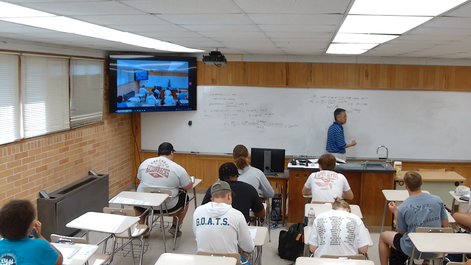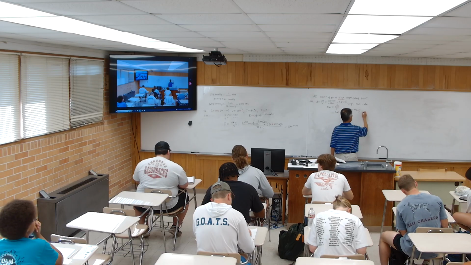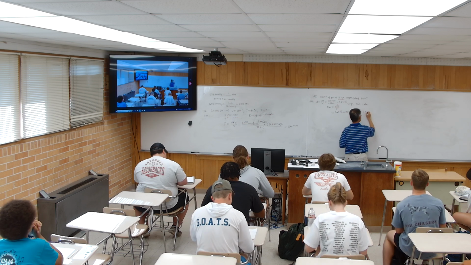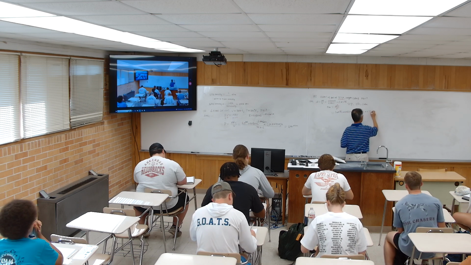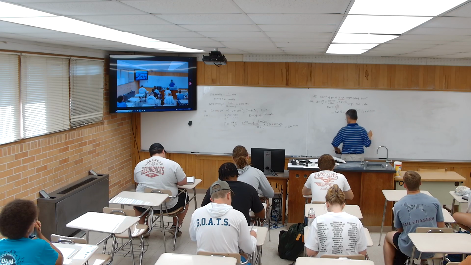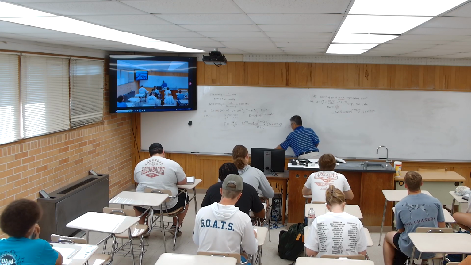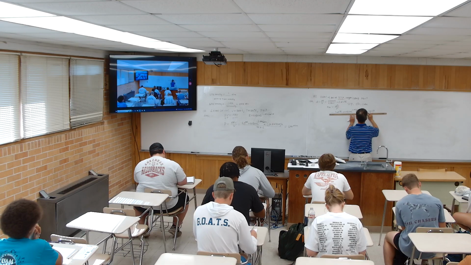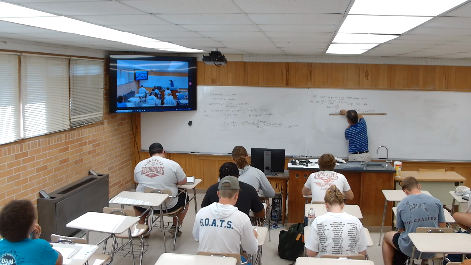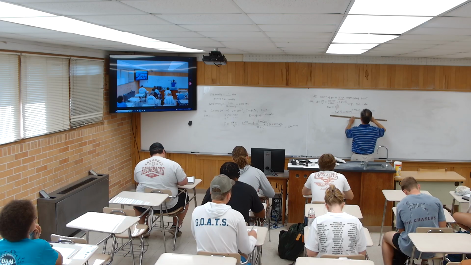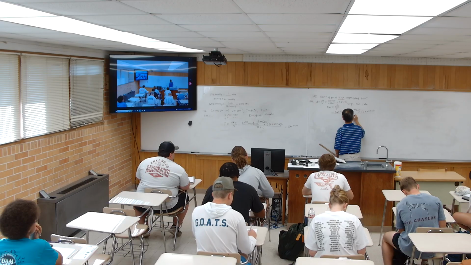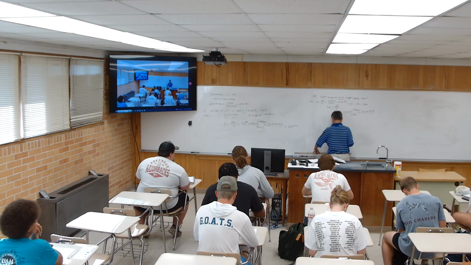Convert 0 degrees Celsius to Kelvin: 0 plus 273.15. This is Kelvin. Then P is 1 atm.